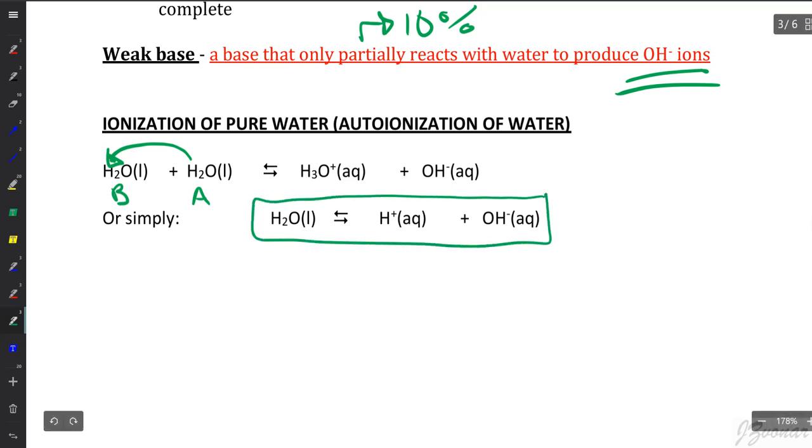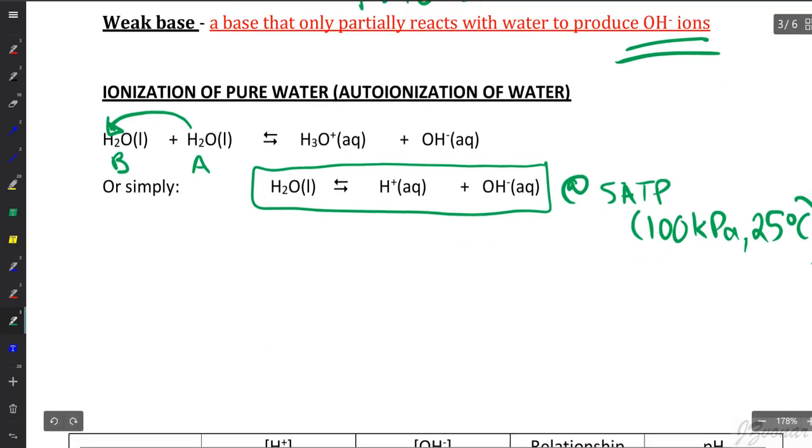Water can ionize to hydrogen ions and hydroxide ions. Now this is important. It's at SATP, standard ambient temperature and pressure, if you recall from grade 11. And this is at 100 kilopascals and 25 degrees Celsius.